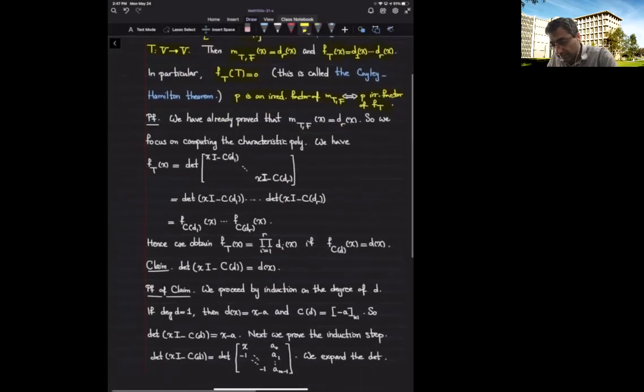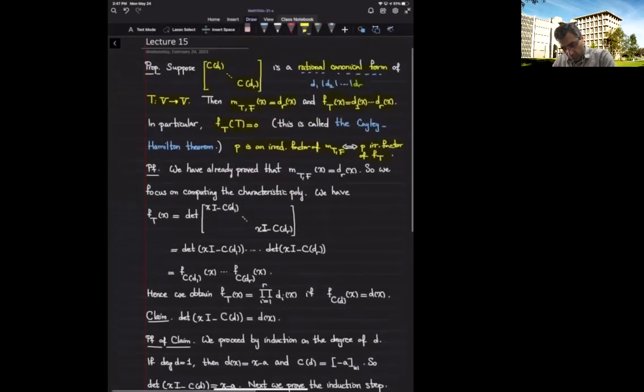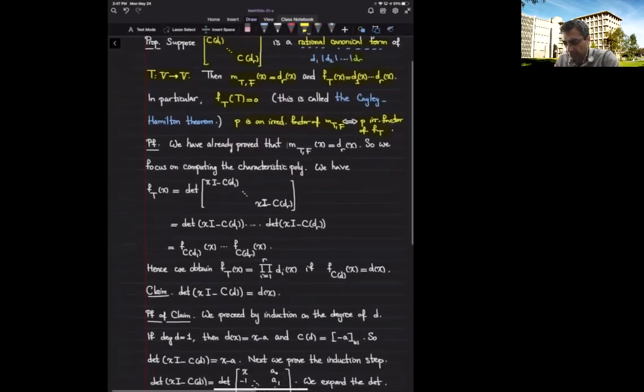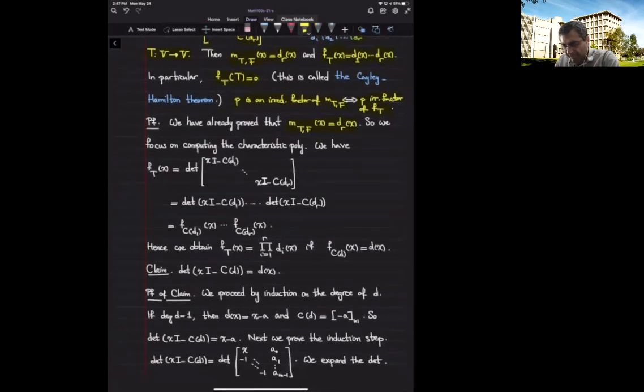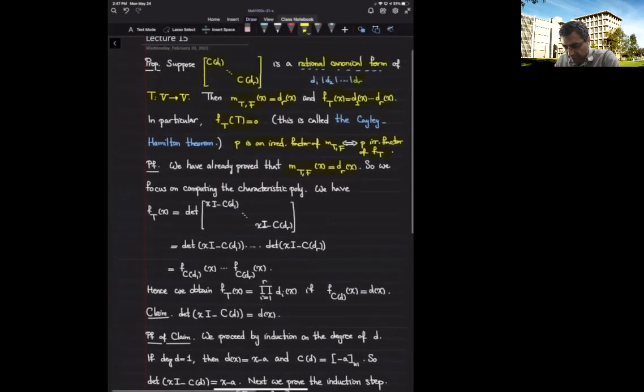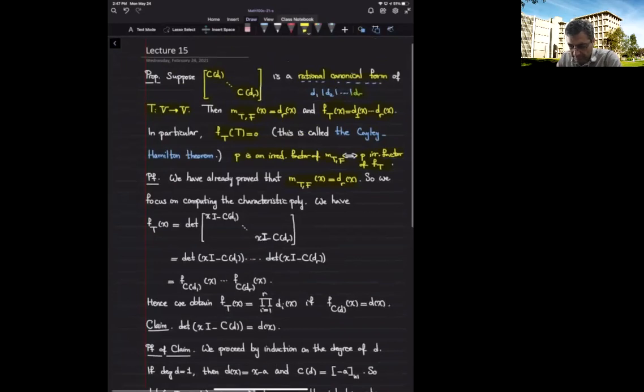The assumption is that this is a rational canonical form of T. We have already proved that the last polynomial would be the minimal polynomial of this linear transformation, so this part we don't need to reprove. Now, the characteristic polynomial of T would be the same as that of this matrix.